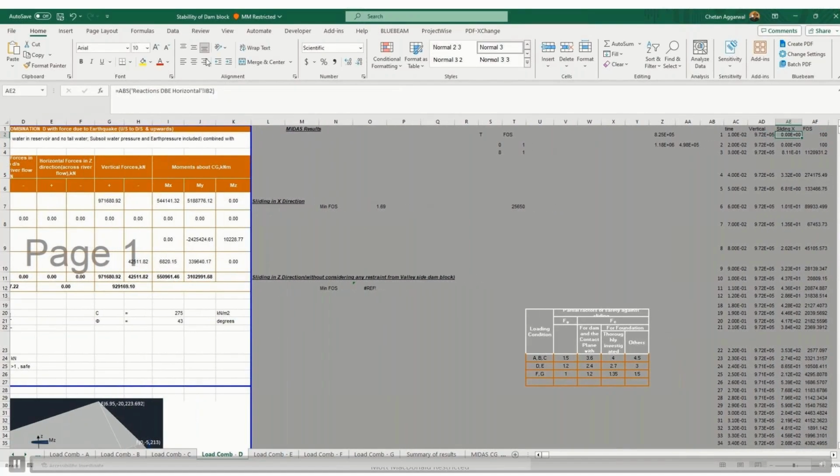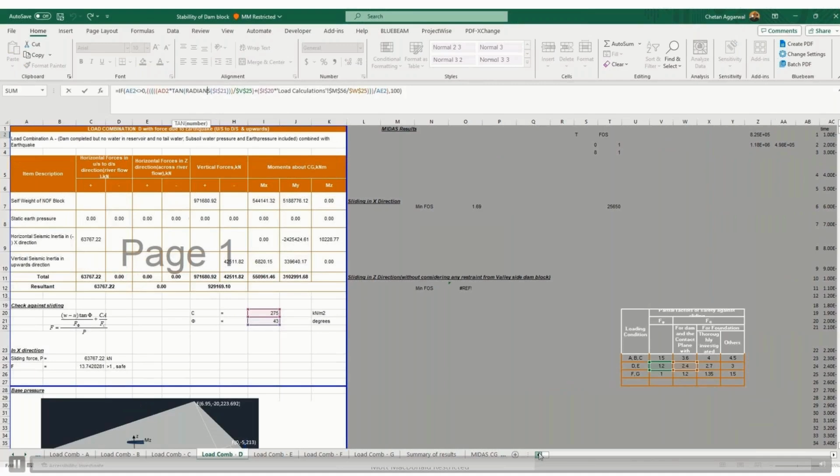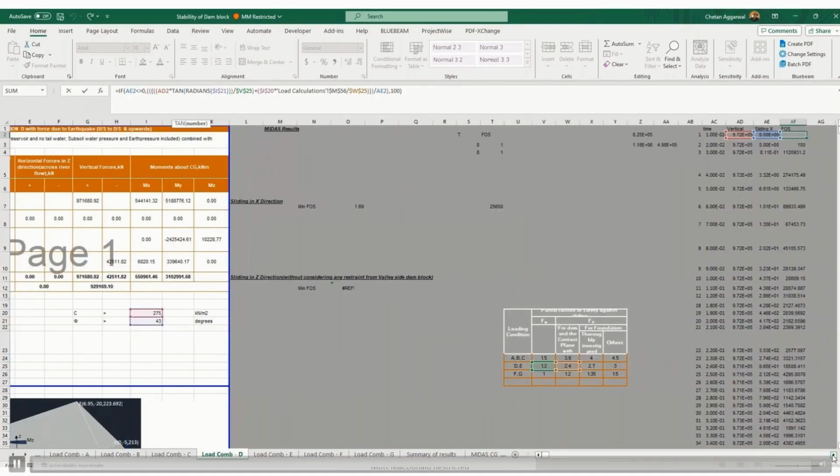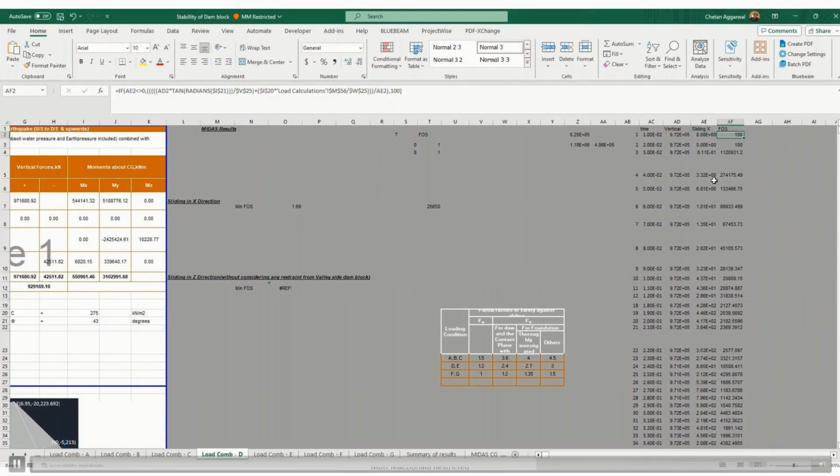Similarly for sliding also. Sliding, actually, in D condition, in construction complete condition, the sliding is due to earthquake force only, so nothing will be added here. And then the factor of safety I'll evaluate considering these factors only. So in some of the cycles, when the acceleration is 0, you will find infinite factor of safety. So I have programmed it like this.